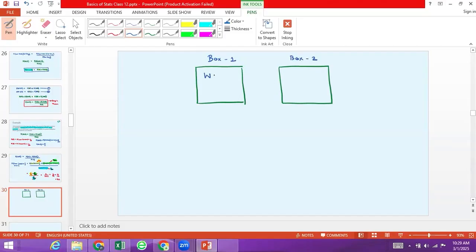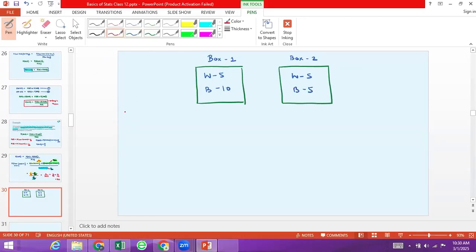In box 1, there are 5 white balls and there are 10 blue balls. In the second box, there are 5 white balls and 5 blue balls.